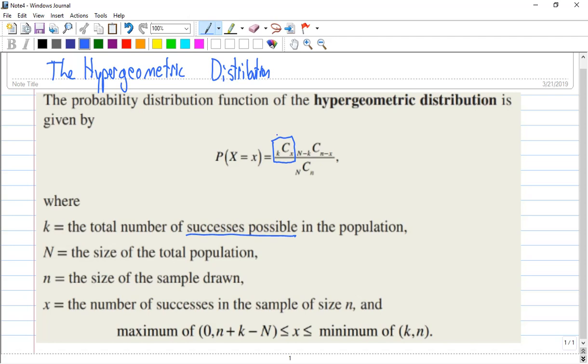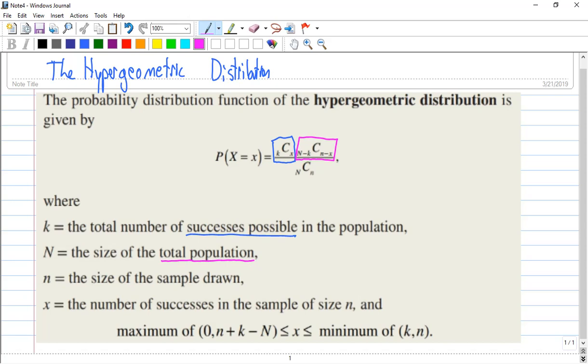All right, then the second combination has more variables down here because we have to do a couple of differences. But we have a capital N minus little k, C lowercase n minus x. So capital N is the total population, the size of the total population.